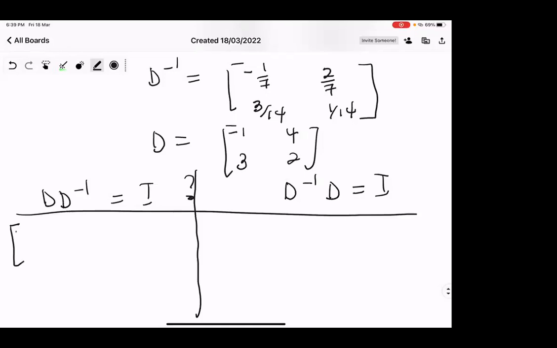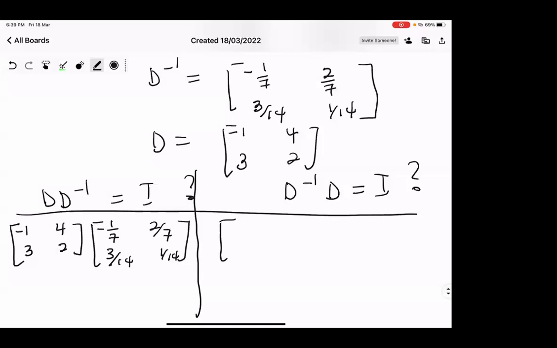So D times the inverse, let me write it down for you to check for us. D times D inverse, -1 over 7, 2 over 7, 3 over 14, and 1 over 14. Then also check if D inverse times D will also give us the I. -1/7, 2/7, 3/14, and 1/14, multiplying D, which is -1, 4, 3, 2.